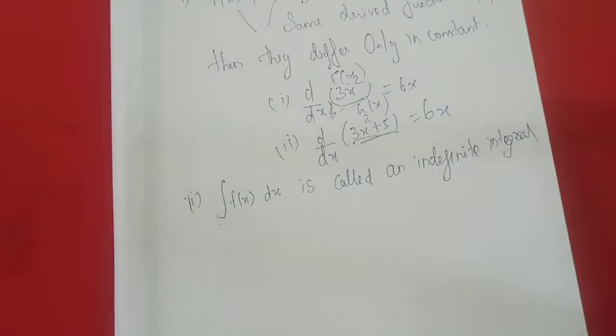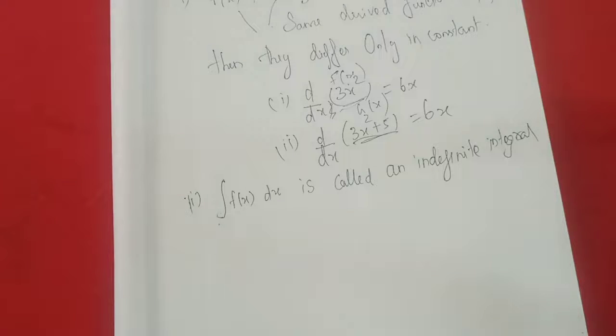So when you are integrating simply x square, integration of 3x square, integration of e power x, integration of log x, this is all called the indefinite integral. In the second chapter itself, you are going to learn the definite integral also. But in the definite integral, there will be a limit. So here there is no limit, so it's an indefinite integral.